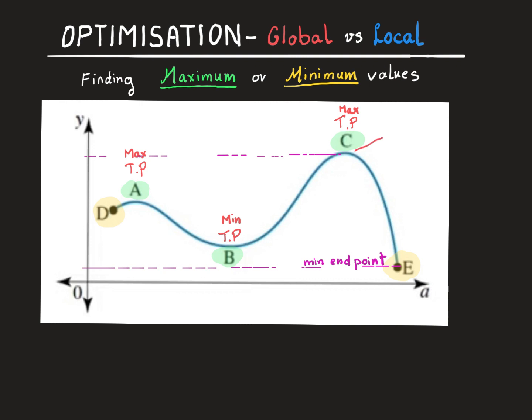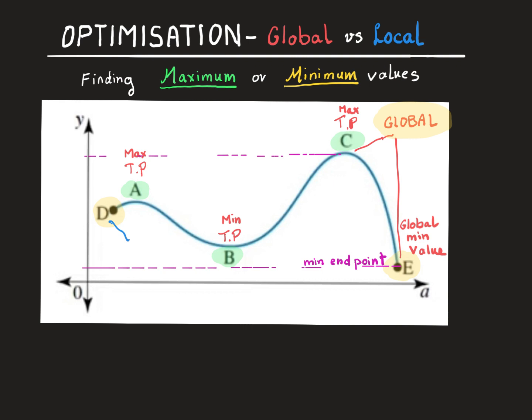These 2 points, C and E, are called global because they are the overall largest and smallest values. C is called the global maximum turning point. E is not a turning point, but it is still a global minimum value.